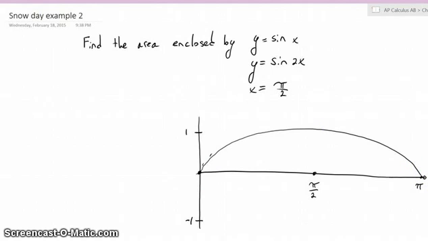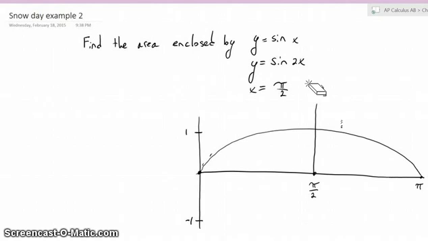X equals pi over 2 is a line that is vertical. X is always pi over 2. So it looks like we've got a start to our region. Y equals sine 2x is a function that's going to reach 1 faster. Its frequency is double.